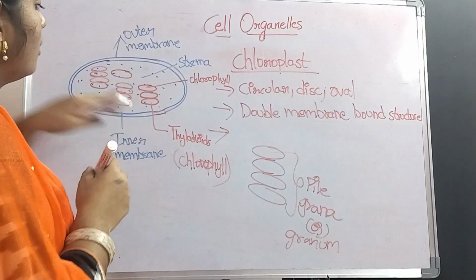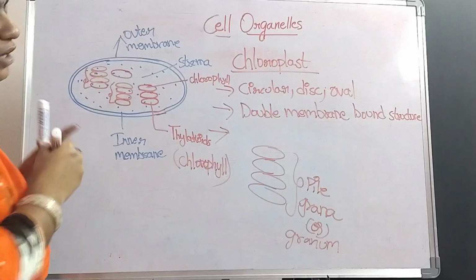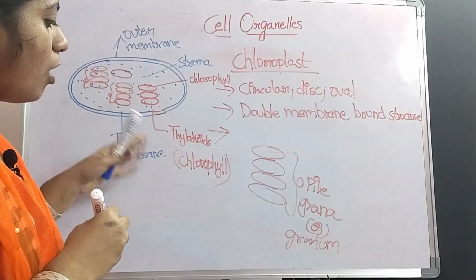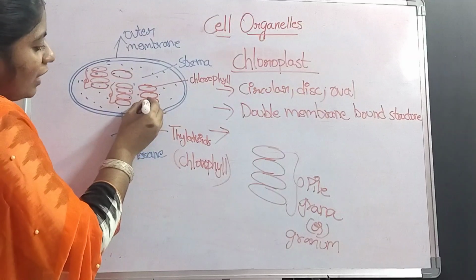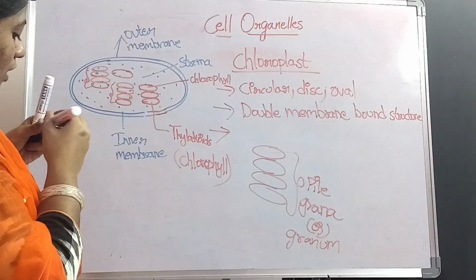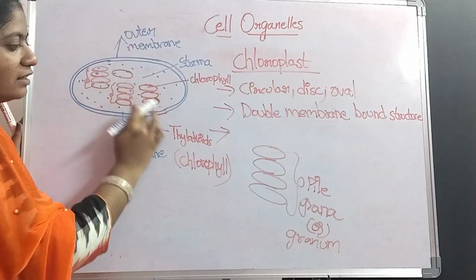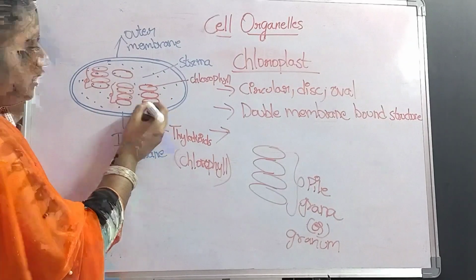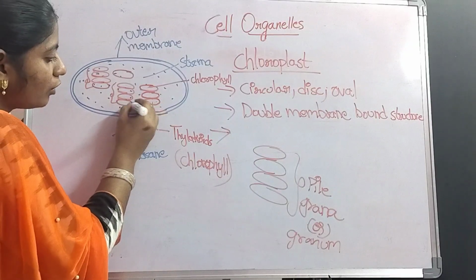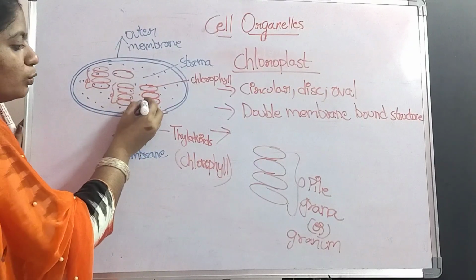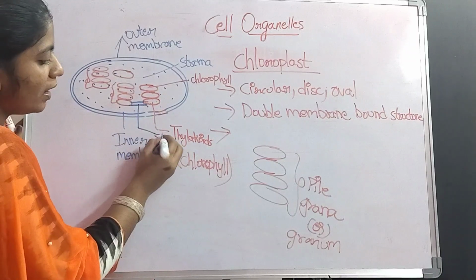The thylakoids which are arranged in a complete stack-like or pile-like structure are called as grana or granum. Here the thylakoids of one granum get connected to the thylakoids of another granum through a structure called as stroma lamella.